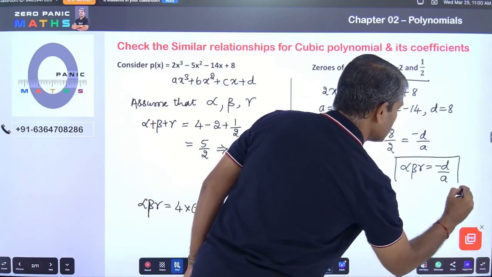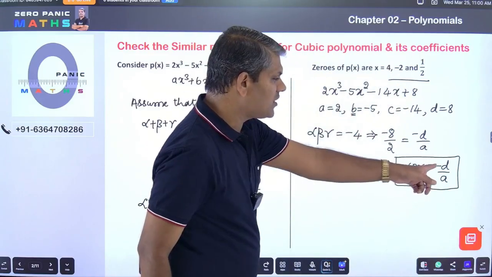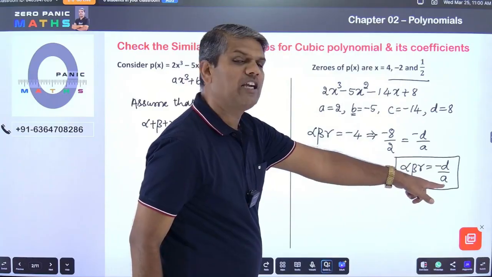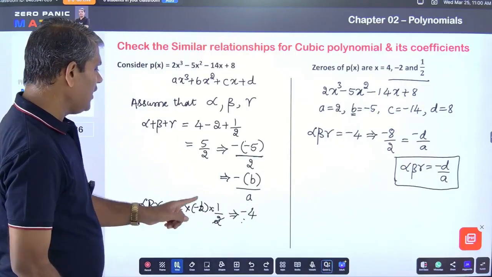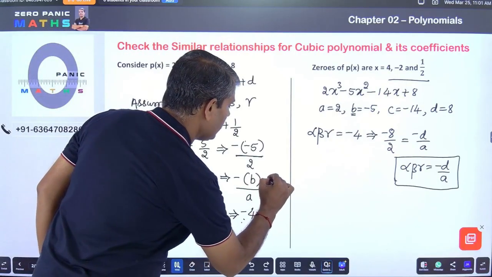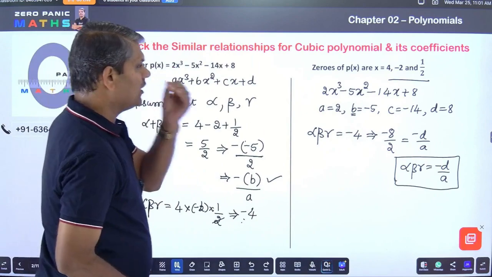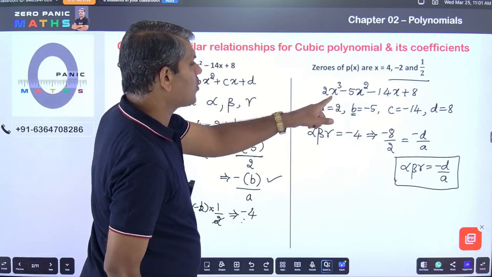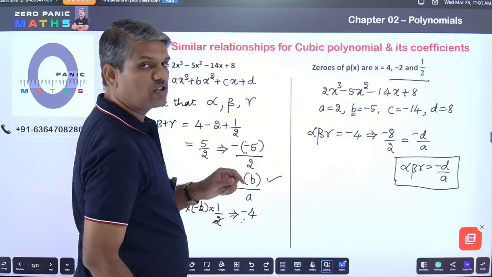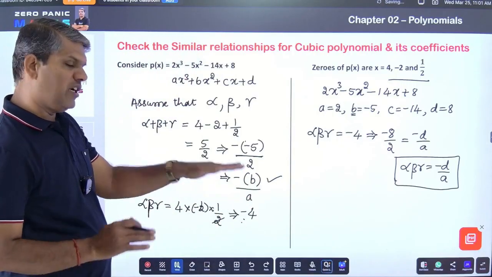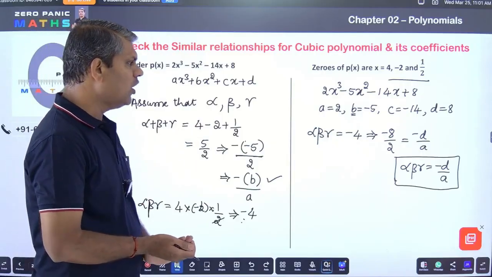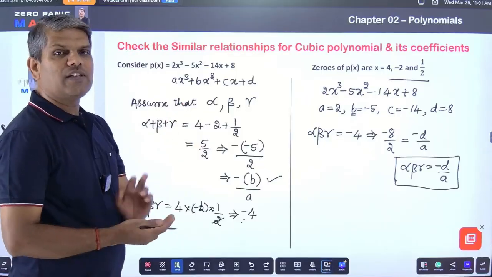That is, minus of the constant term divided by the coefficient of x cube. Here, minus b by a is the minus of the coefficient of x square divided by the coefficient of x cube. The coefficient of x cube in the denominator is fixed. So these are the two things that we proved.